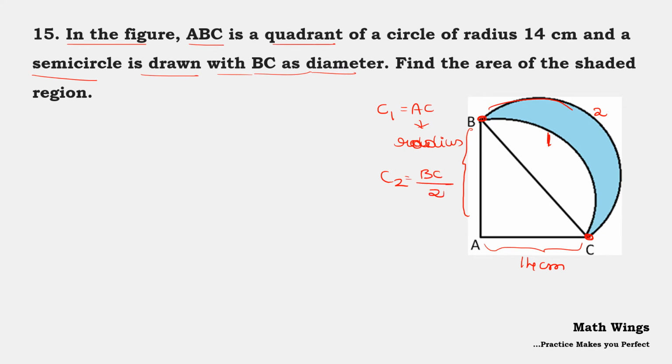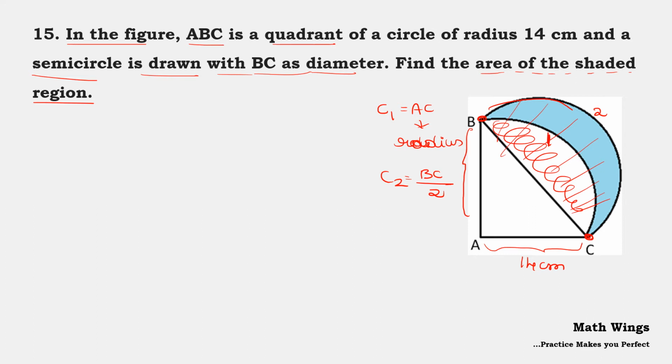Now what we have to find? We have to find the area of the shaded region. How can we find this one? If you observe, the area of the shaded region is nothing but the area of the semicircle with the diameter BC minus the area of the segment having AC as the radius, correct?